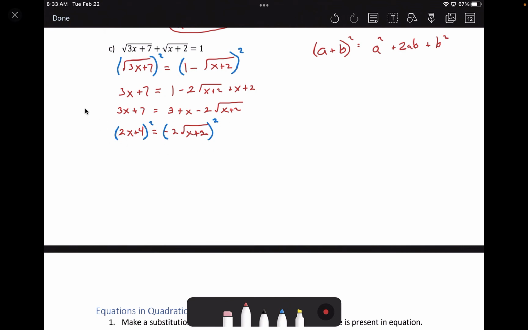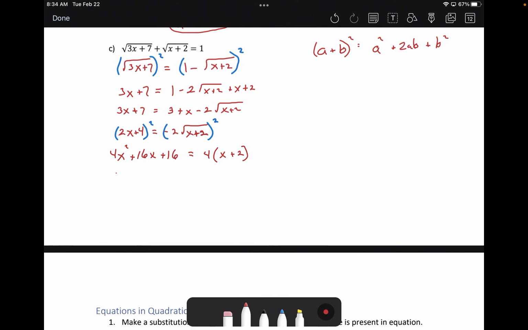Again, on the left we have a binomial squared, so let's use the shortcut. Square the first, double the product, and square the last. On the right side, we're going to square the -2, and squaring the radical will eliminate the radical.